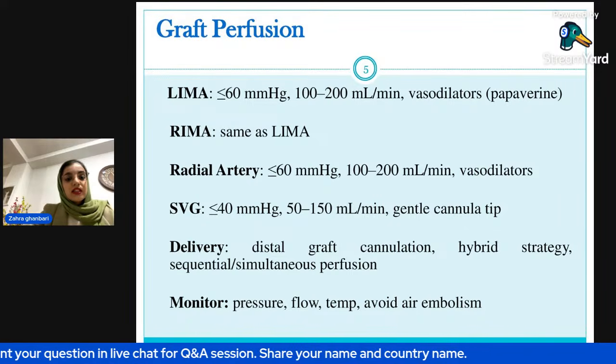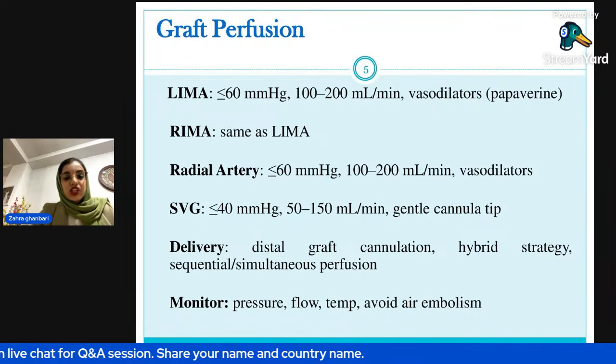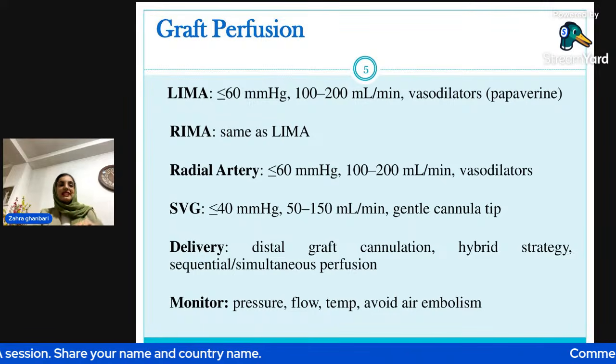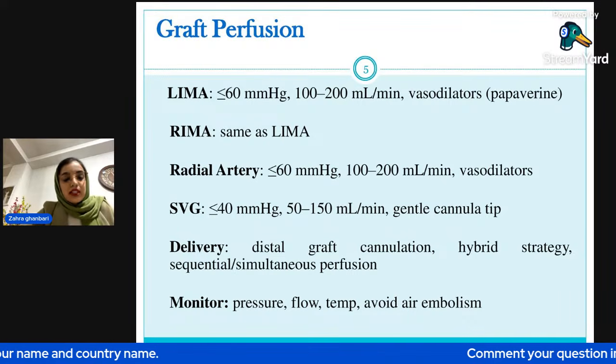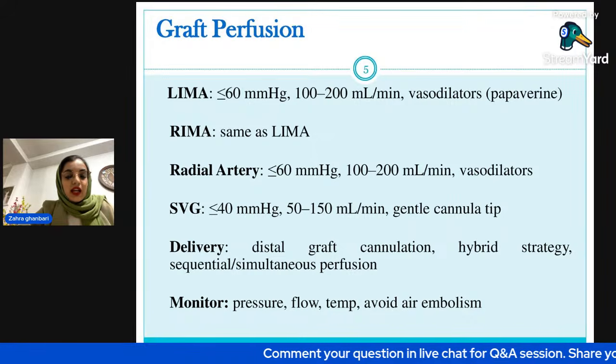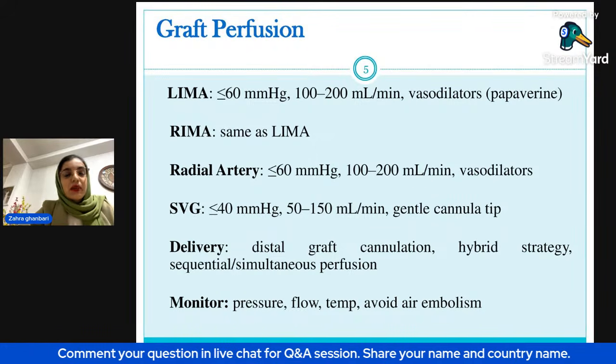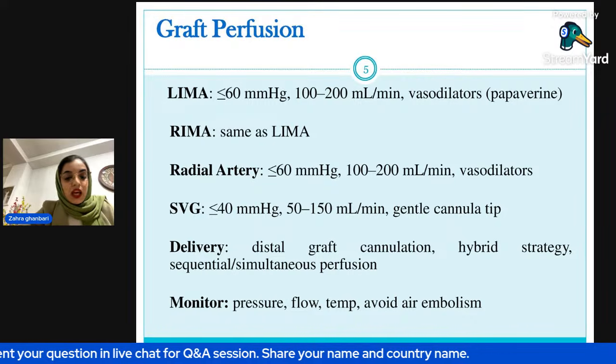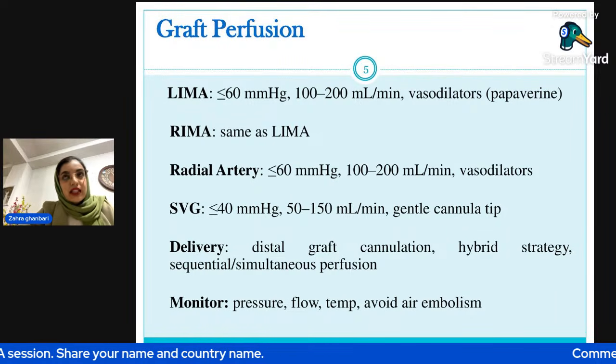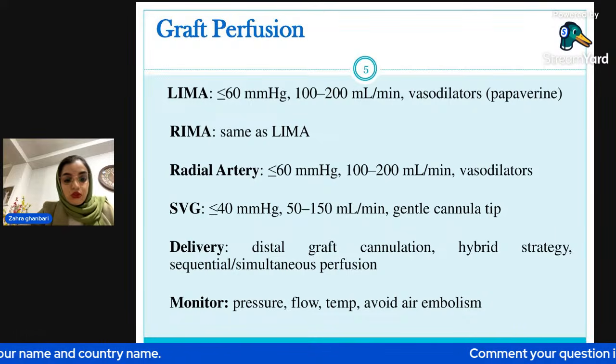There are some technical considerations. One of them is the manifold system, which allows quick switching between the native root and graft during cardioplegia delivery. The other is pressure monitoring. Each graft line needs separate pressure control, which is very important.